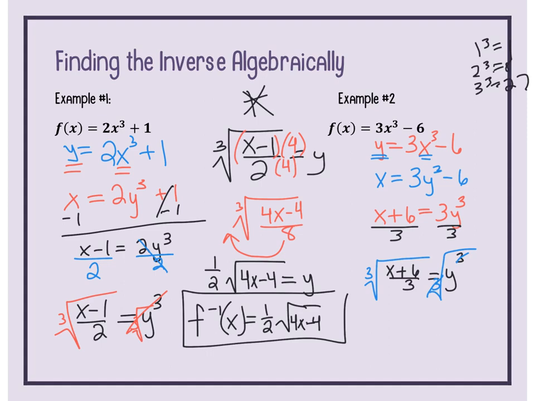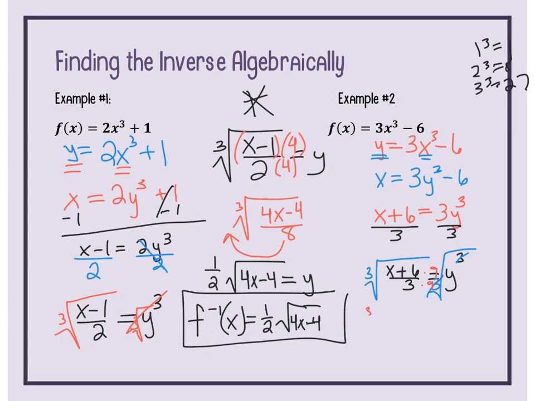Now guys, again, I cannot leave a 3 on my denominator. So going back to these numbers, what's the first number 3 can multiply into? 3 cannot multiply to get 1. 3 cannot multiply to get 8. But 3 times 9 is 27. So I'm going to do it to the numerator and denominator.